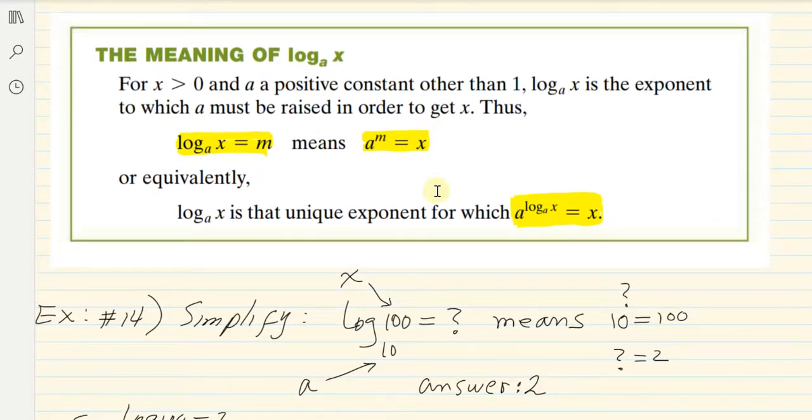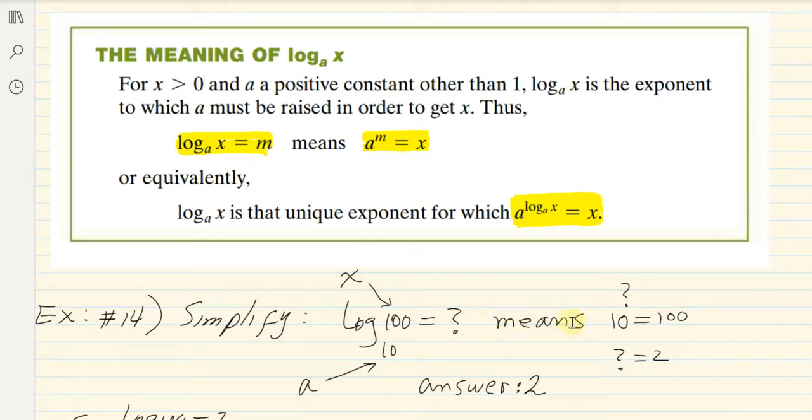So, in exercise 14, the question reads, simplify. We are given log base 10 of 100. What does that equal? Instead of x, we have 100, and the base a is 10. The question mark is what m is in the general form.